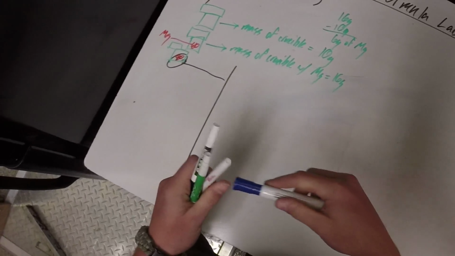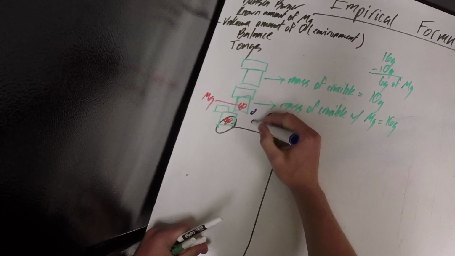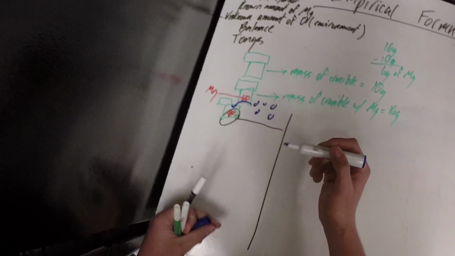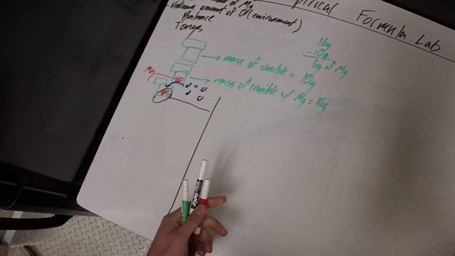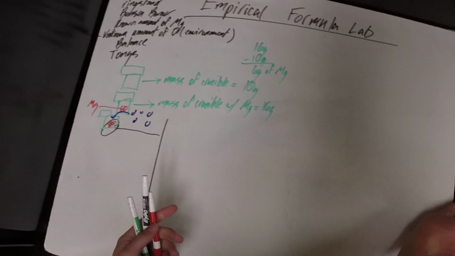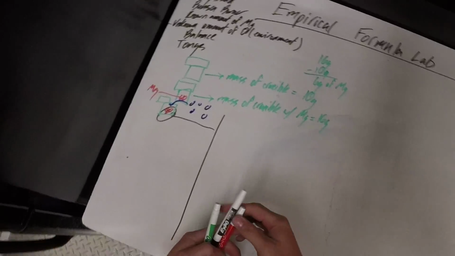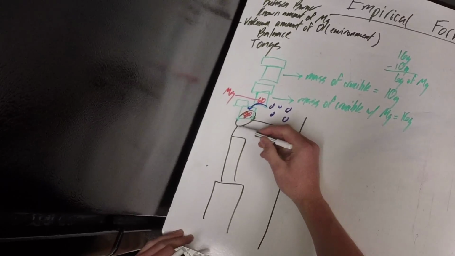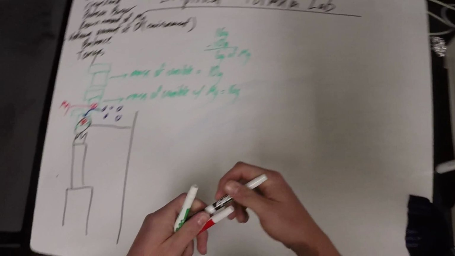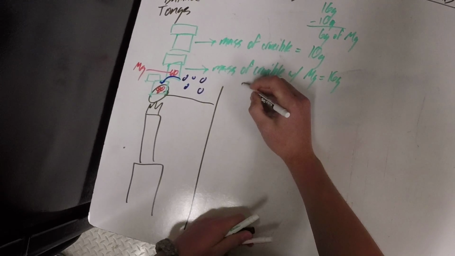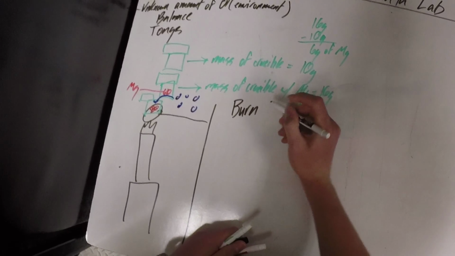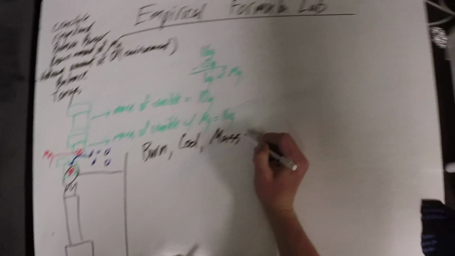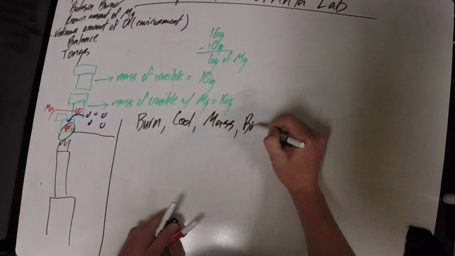And what's going to happen here is oxygen floating around in the air is going to go into the crucible and bind with the Mg in there to form a new compound of some Mg and some O. So you're going to need your Bunsen burner here, and you'll have that burn, and you're going to burn and cool and then mass with your balance, and then burn again.